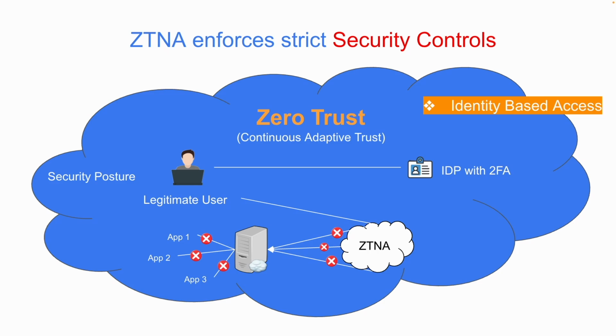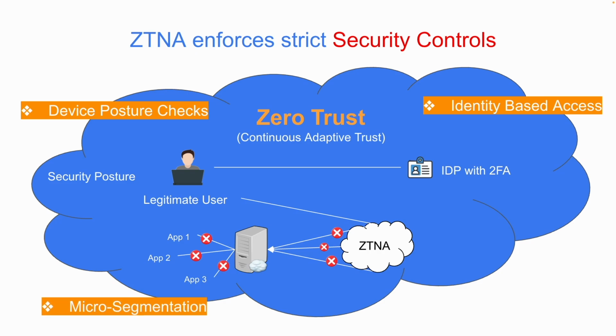Device posture checks, which ensure compliance with security policies before granting access. Micro-segmentation, which limits access to only authorized applications, reducing the attack surface. And the fourth is continuous monitoring, in which risk is evaluated in real time and access adapts accordingly. By implementing these controls, ZTNA significantly reduces security risks, mitigates insider threats, and prevents lateral movement within the network.